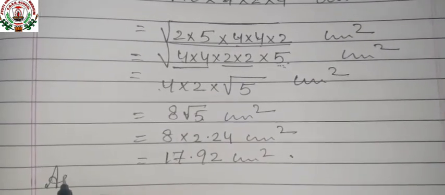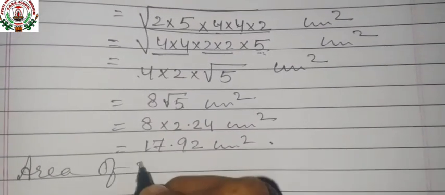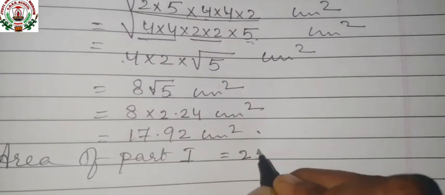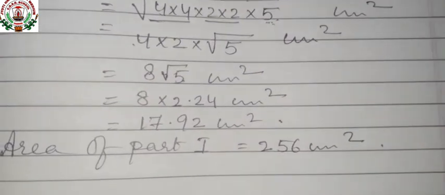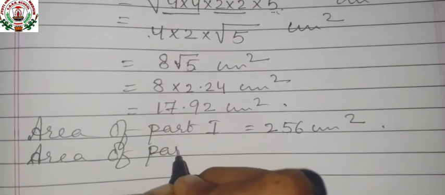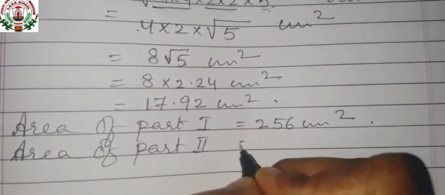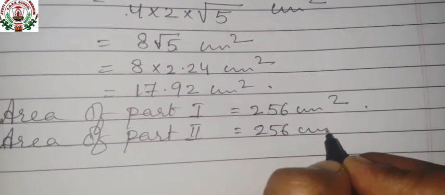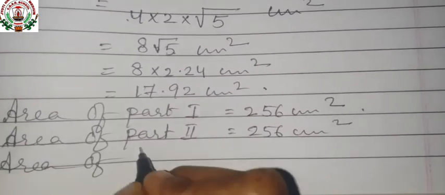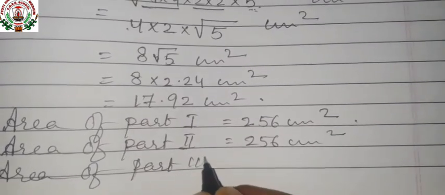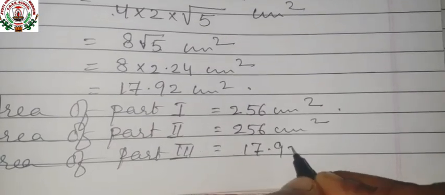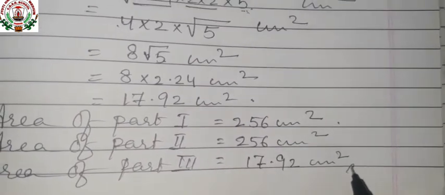Now area of part 1 equals 256 cm square. Area of part 2 equals 256 cm square. Area of part 3 equals 17.92 cm square. Okay.